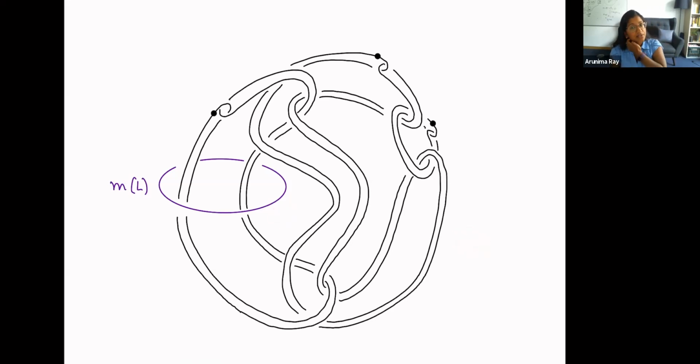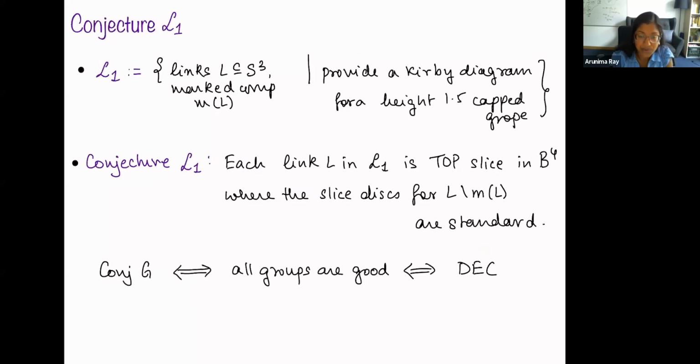So right now, this is a question about slicing a knot in a complicated four manifold. Not that complicated, but certainly not a very pleasant picture. But we can also translate this to a question about sliceness of knots and links in a more general setting. So we can define this family, math cal L1, to be the links that you get as Kirby diagrams for height 1.5 capped groups. They'll have these marked components corresponding to the attaching region.